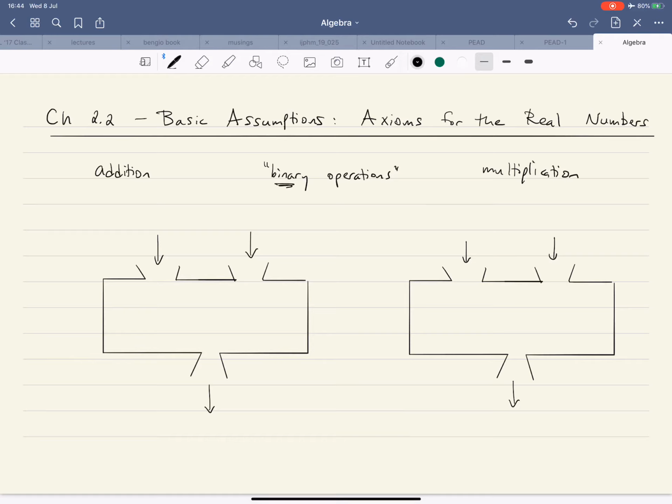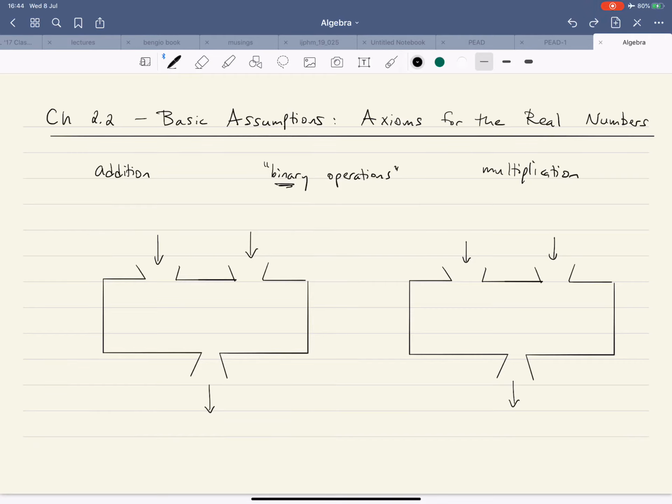So the binary comes from the fact that each is taking two inputs, and they're operations because they're operating on those inputs. They are doing something to those inputs and then spitting something out as the output. The picture to have in mind is the one that I've drawn here.